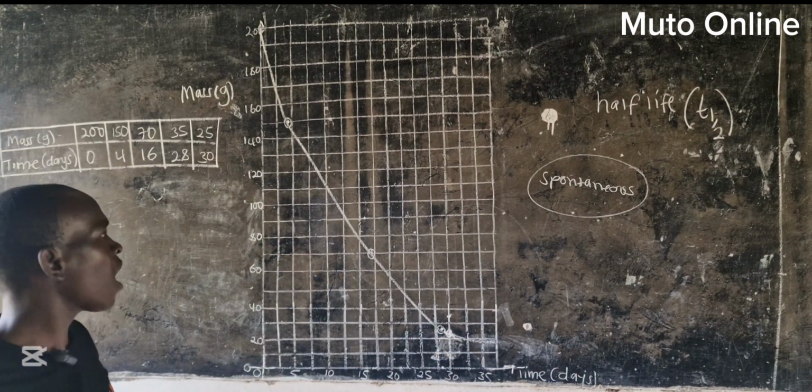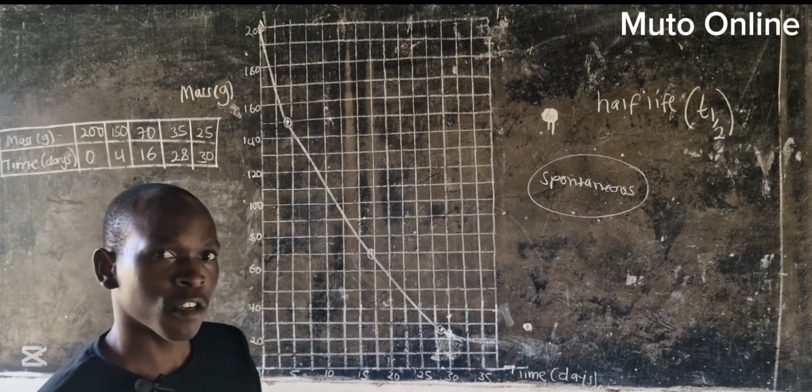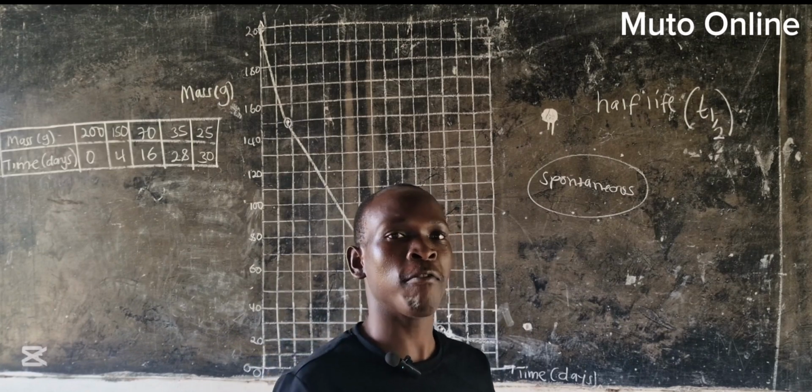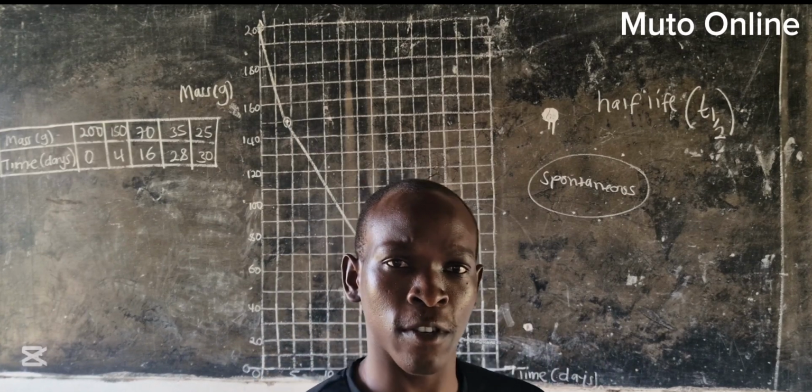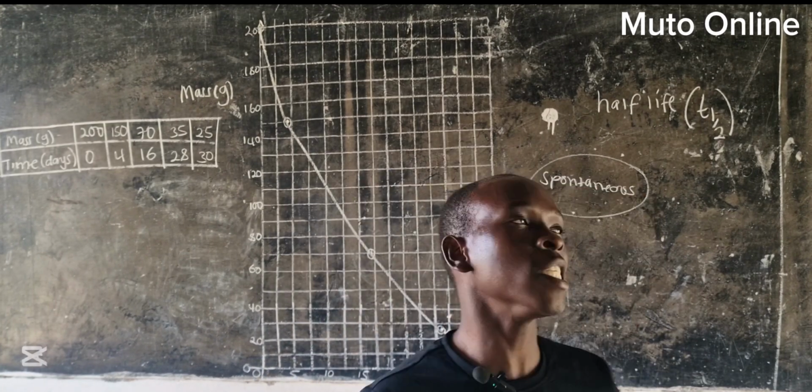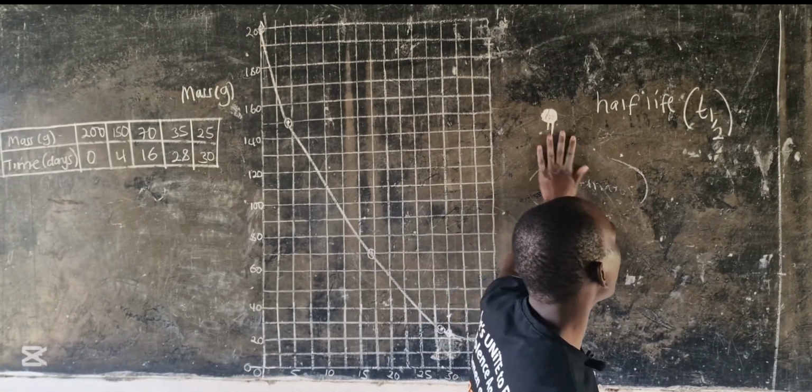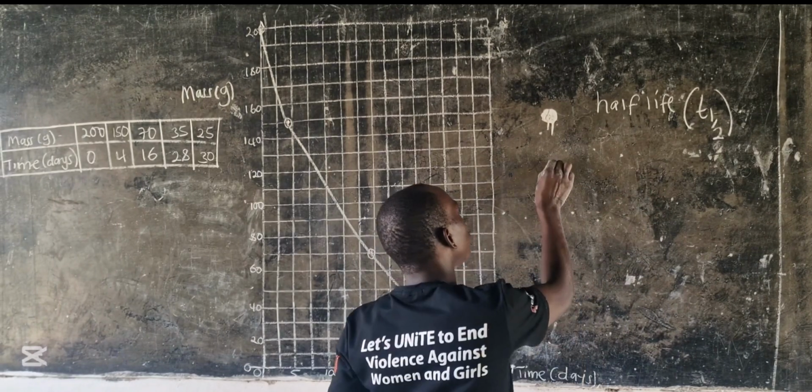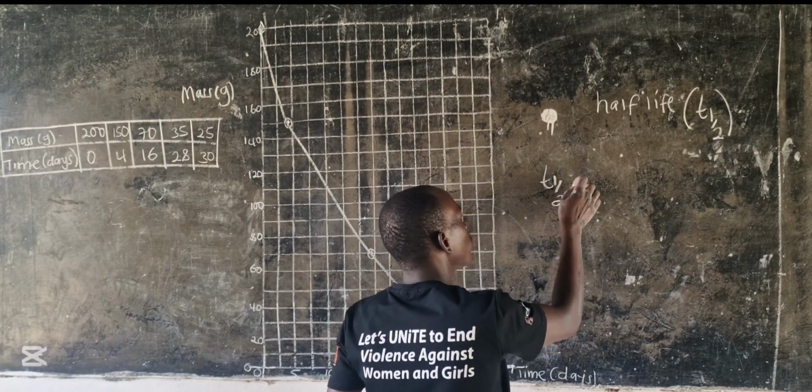Now, after drawing that curve, what is remaining is to determine the half-life. Half-life means we shall get the T half.